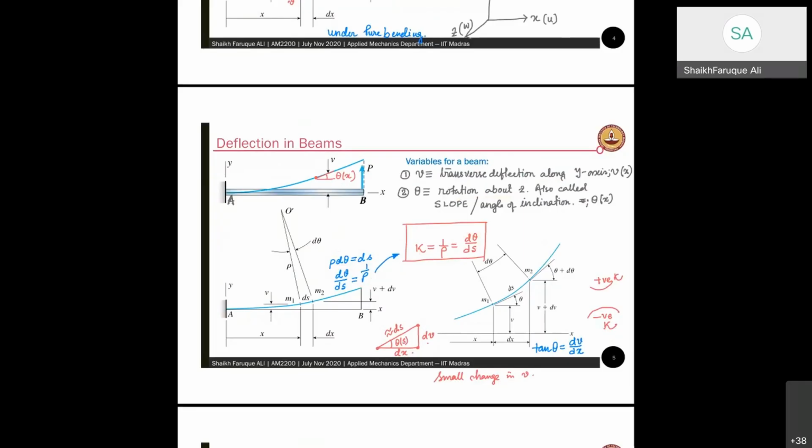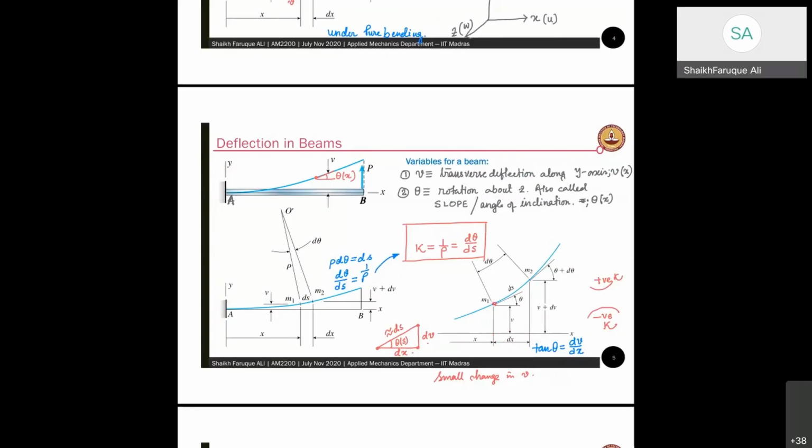Now look at this picture here. We have taken only a small portion of this, and this small portion is drawn here in an elaborated fashion. So this is my M1 point, this is my M2 point, and this is my V deflection at x, and this is my V plus dV deflection at x plus dx. And this length is dx.